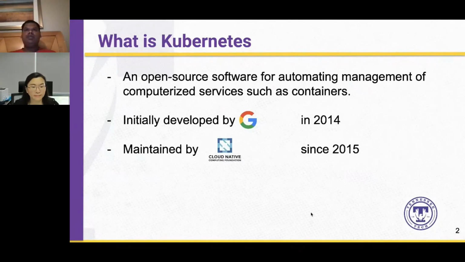That means how to use containers at scale so that applications can be rapidly deployed and tested, and if needed, fixed, and so on and so forth. To bring that experience into one product, and then they basically just open sourced it, and which is now being used by many users. The project is now maintained by the Cloud Native Computing Foundation since 2015.